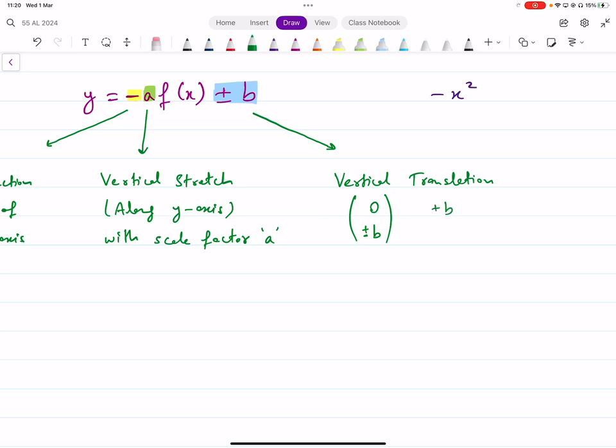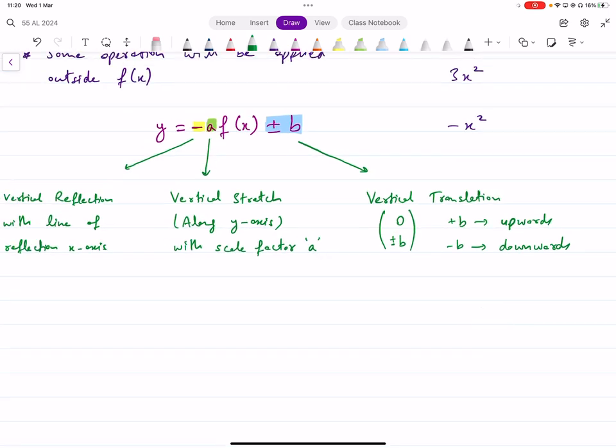If you have plus b, that means it's b units upwards. If you have minus b, the graph moves b units downwards. These are the three transformations that we have in the vertical direction.